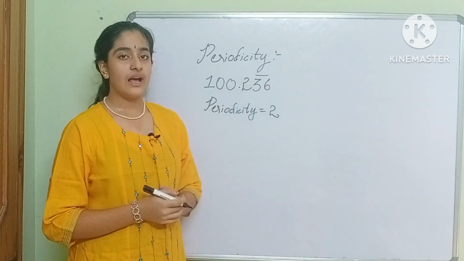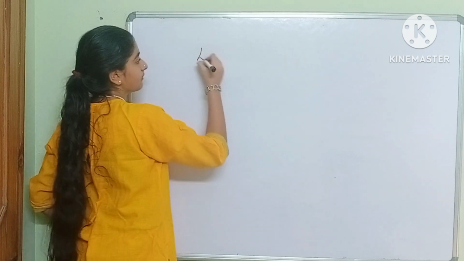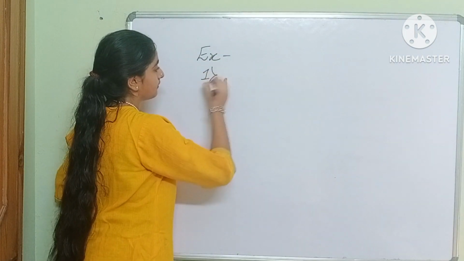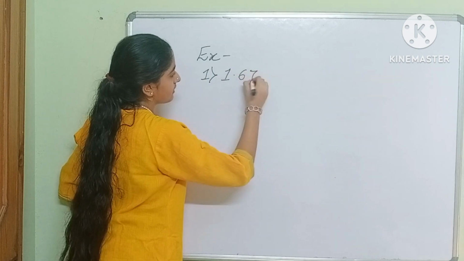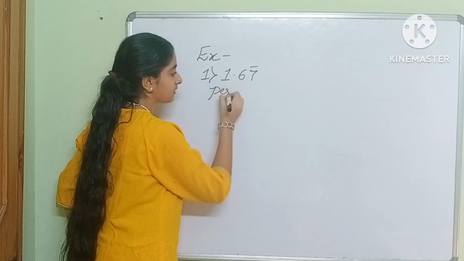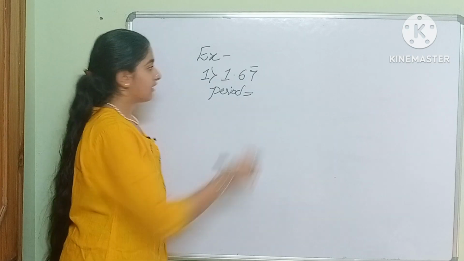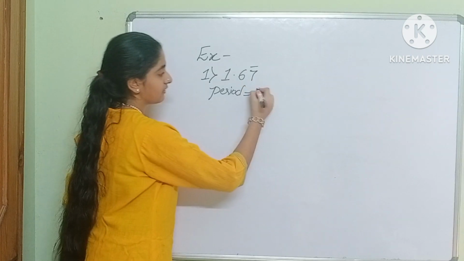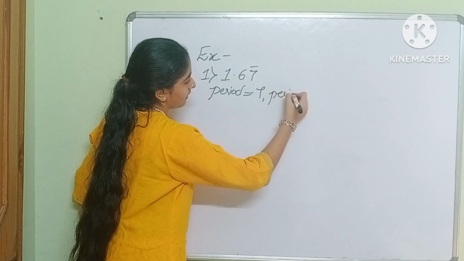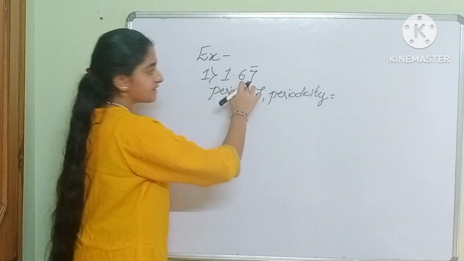So let us solve some examples of period and periodicity by identifying them. First one, 1.67 bar. Here the period is the digit in the recurring part, that is 7. So the period is 7, whereas the periodicity is 1, as there is only 1 digit in the recurring part.